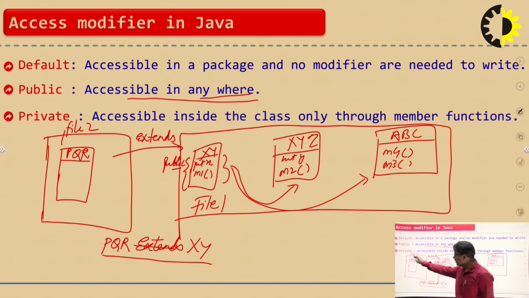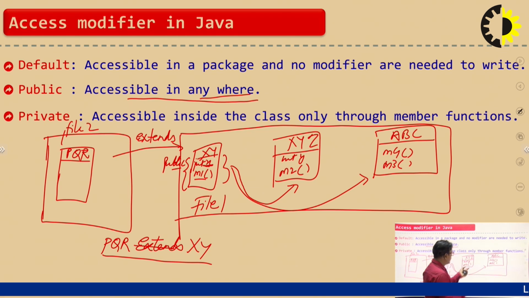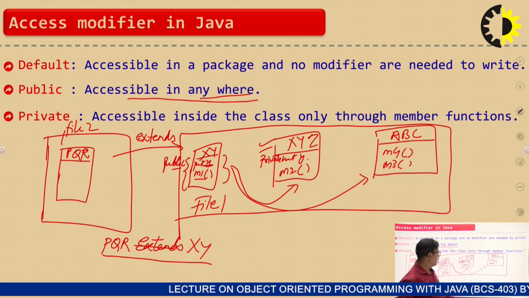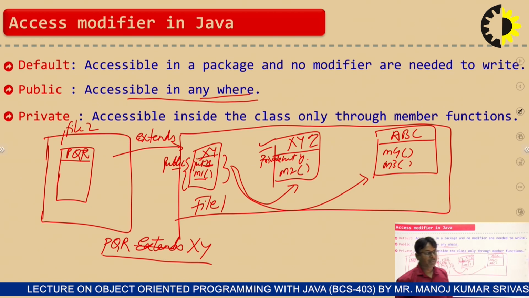But when we are talking about private, it is accessible inside the class only, through the member functions. That means, if x is a variable and m1 is a method, and in this class xyz also, int y, if you write private data type here. Now m2 is a function and int y is a variable to be accessed.